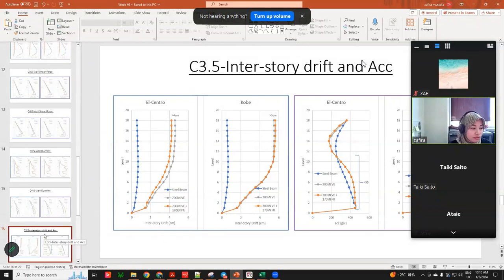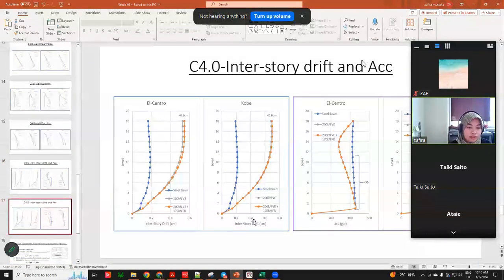But if we use 1.2 meter, the story drift and acceleration is actually less than the steel beam. So my conclusion is, if you use a proper length for the steel coupling beam, or the length for the damper to replace it, the performance of the building is also affected.